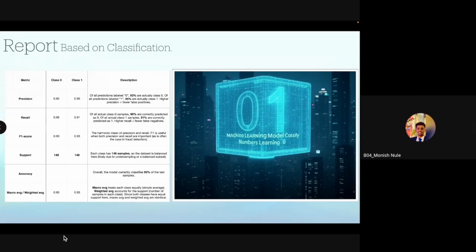So this is a combination of the calculation of precision and recall, and this gives an F1 score, a measure of precision and recall, and is useful when precision and recall are important. Support for each class is 148 samples, so the data is balanced now. Macro is another terminology which is not so important, but this is the 93 percent macro average, which treats each class equally.